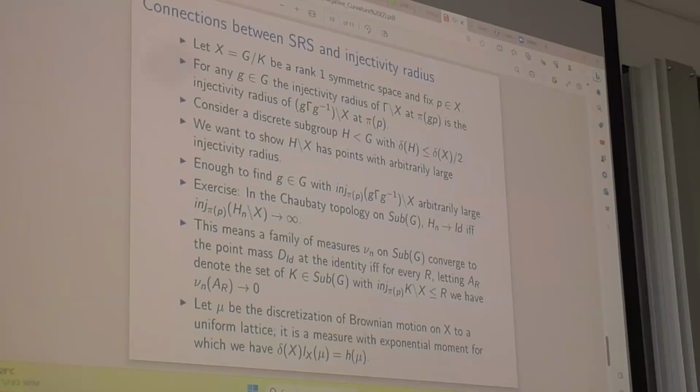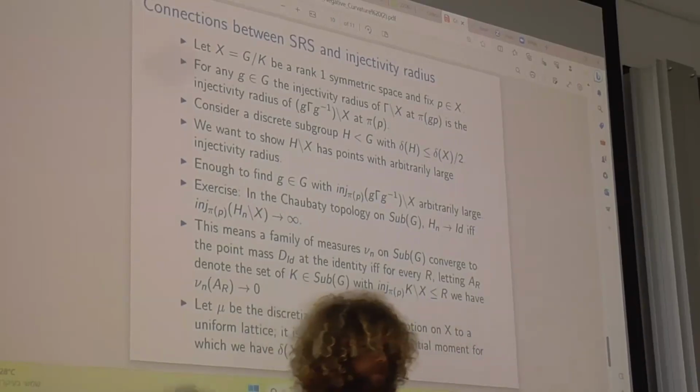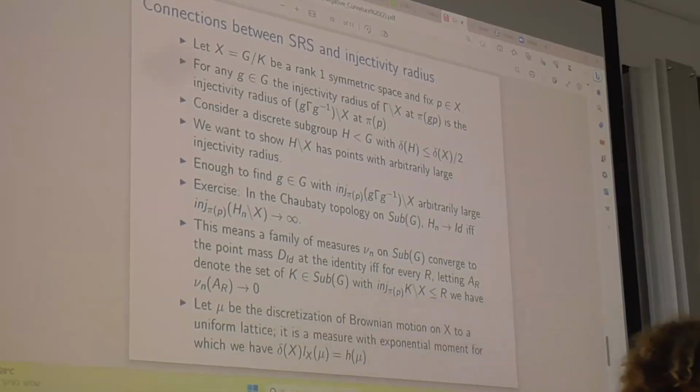Now instead, we look at measures on Sub G. The space of measures on Sub G comes with its own topology, the weak star topology.